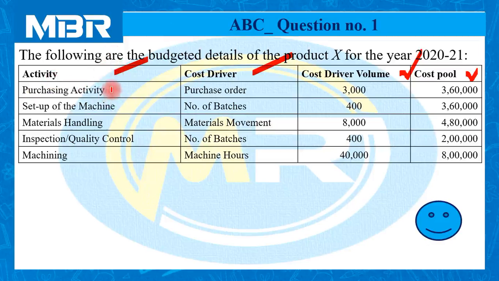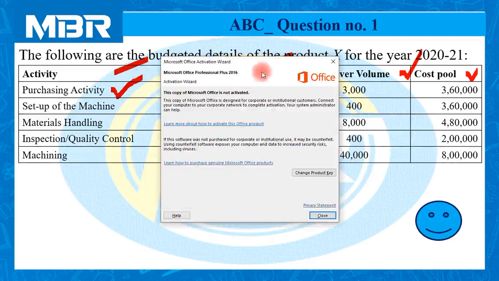First is activity, and the first activity is the purchasing activity. As per activity based costing, we need to classify all the functions into different groups and subgroups. Here we have classified all related activities of purchases as purchasing activity.